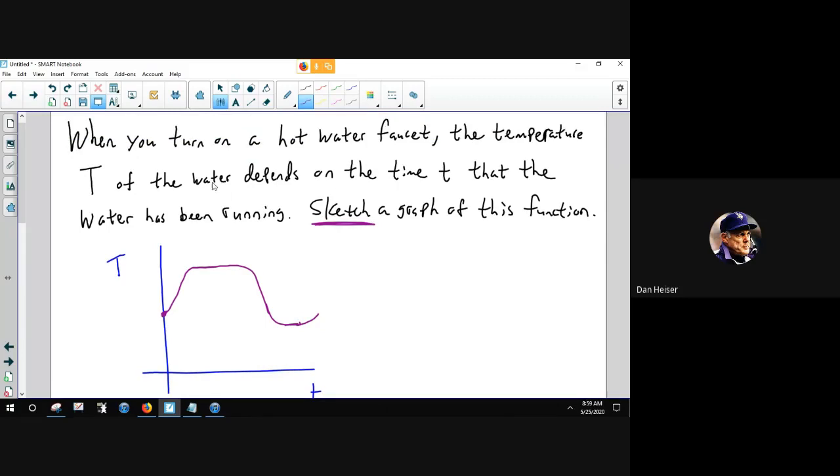There's a very important word in this verbal model. Actually, there's a very important phrase. Temperature depends on time.